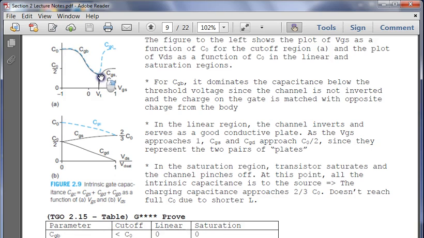We hit threshold voltage, and then CGC, the gate channel capacitance, is going to start, but it's dominated by gate source and gate drain. The gate channel is going to be the summation of these two. So the blue dot is where you're adding everything together. Before threshold voltage it is completely gate body, and then here it's just this times 2.